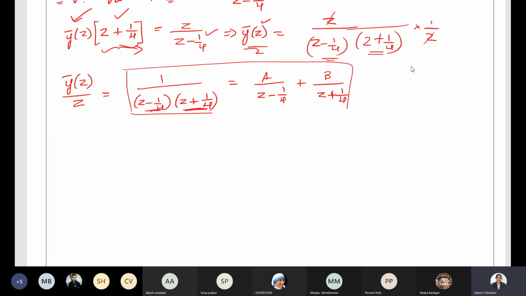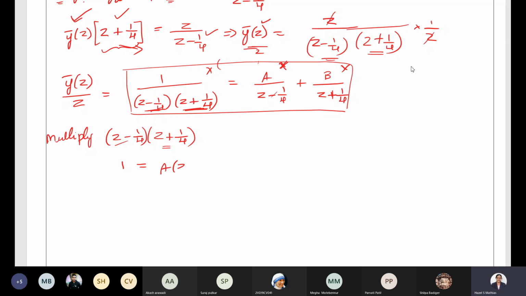Now we multiply the entire equation by z minus 1 by 4 into z plus 1 by 4. Multiply everywhere by the term. When you multiply the first term, denominator and numerator get cancelled, 1 remains. When you multiply the second term, z minus 1 by 4 and z minus 1 by 4 get cancelled, A into z plus 1 by 4 remains.